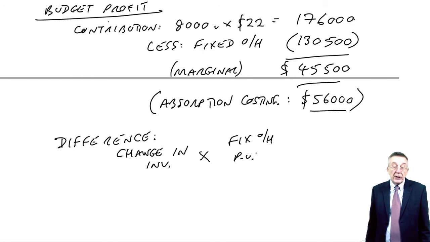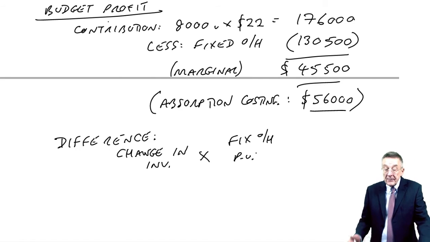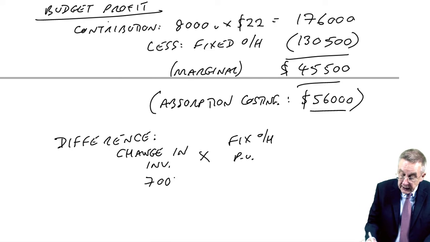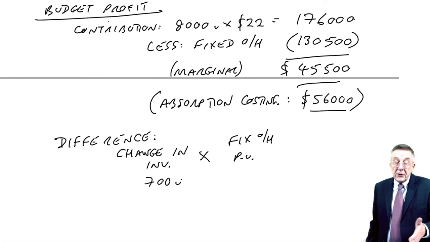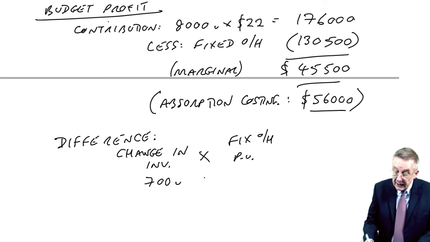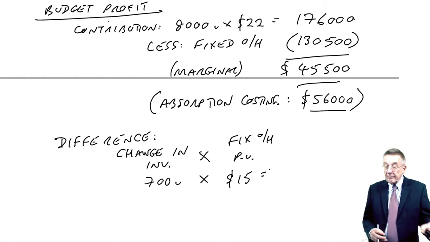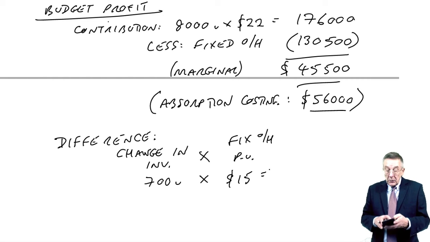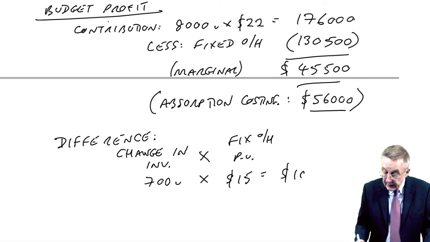So how much was the inventory going to change by? In budget, we were going to produce 8,700 and sell 8,000. So the inventory would increase by 700. With absorption costing, the fixed overheads per unit were $15. And so 700 times 15 is 10,500.